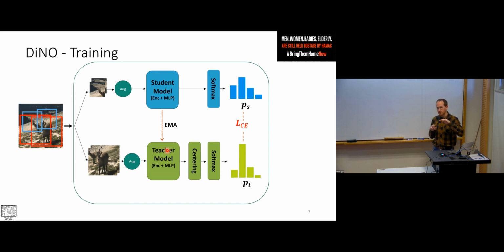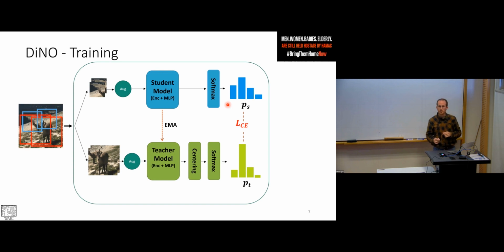They are initiated in the same way, but the teacher is seeing the average of the weights of the student. Average. Yes. And we don't have any labels? No, there are no labels here, only images. So how can they know this is the... They don't know. The labels here are not semantic labels. They are arbitrary labels, but they need to agree.